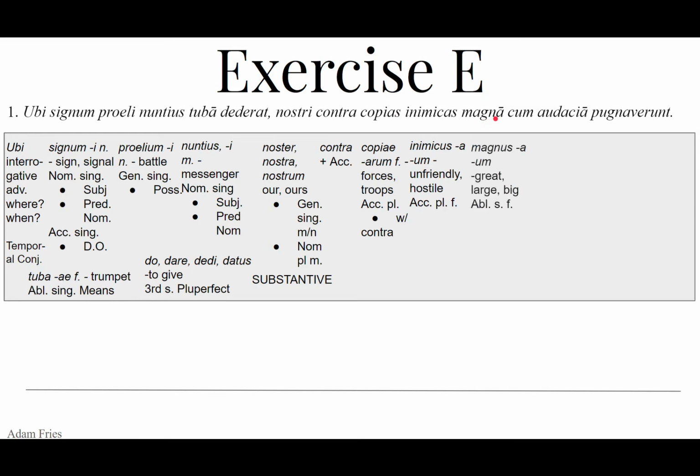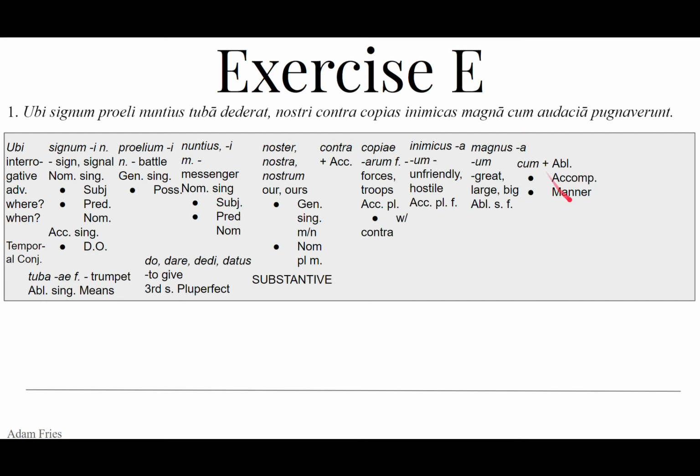Magna, from magnus, a, um, great, large, big in size or importance. The magna, macron over the final a, that is the ablative singular feminine. Keep going. Cum, preposition, cum plus the ablative, always and only takes the ablative. It can either show accompaniment, so with whom you are doing something, in the company of someone, in the ablative.